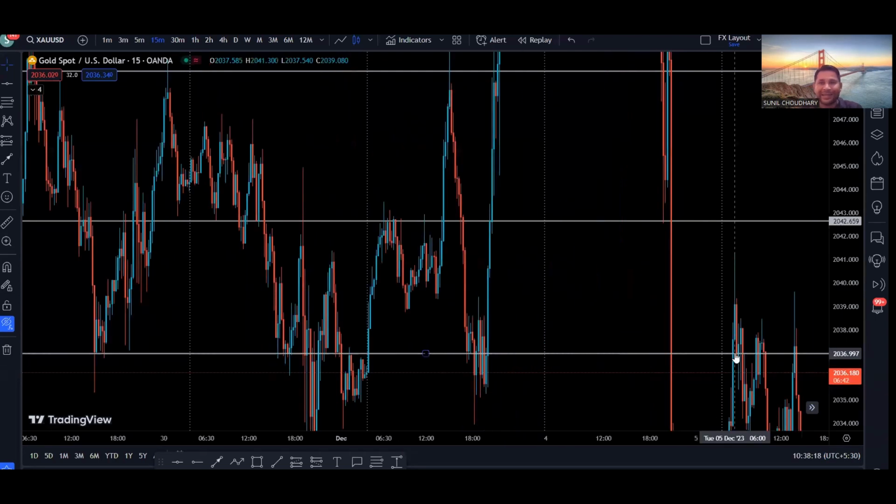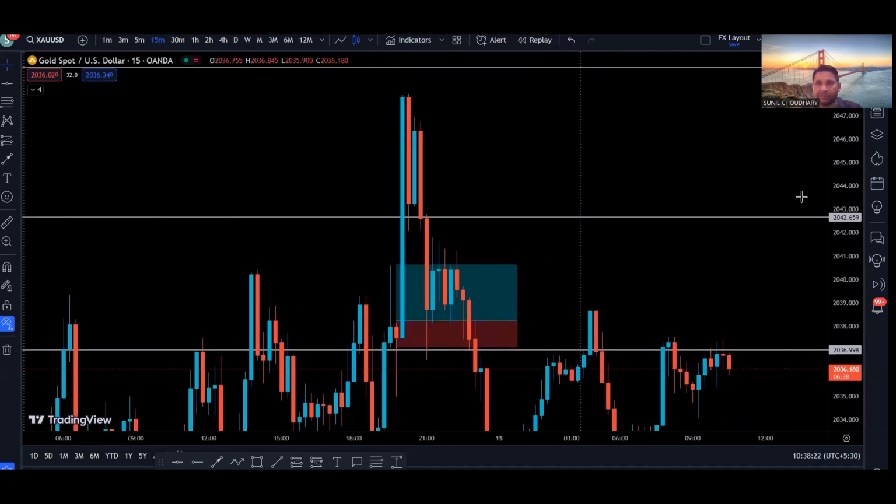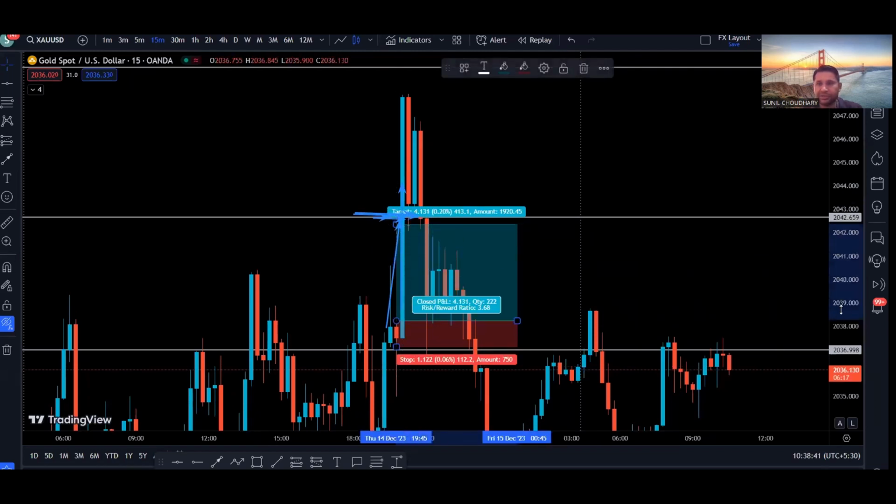So I had in my mind that if the price is going up, maybe we find rejection here. So I closed most of my position when the price was moving up around this area. This gave me something around 40 or 45 pips. So this was the trade here, and the final target you could see was around this area, which is somewhere around 40, 45 pips, something like that.